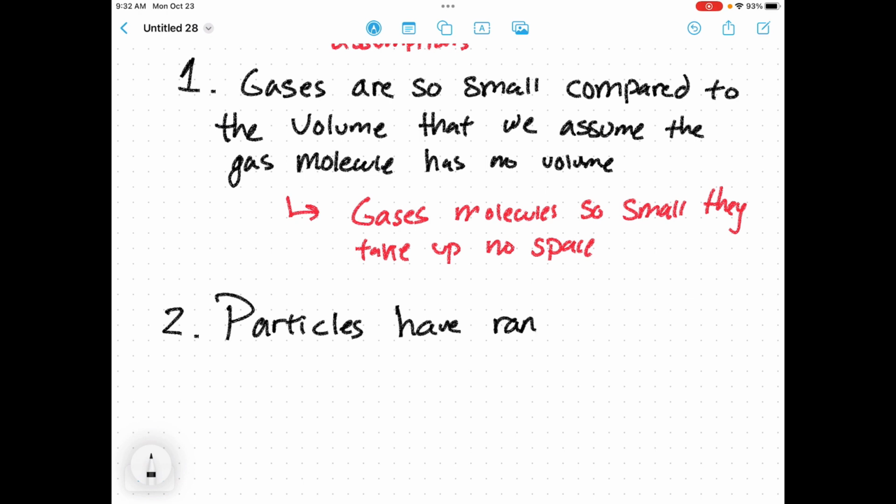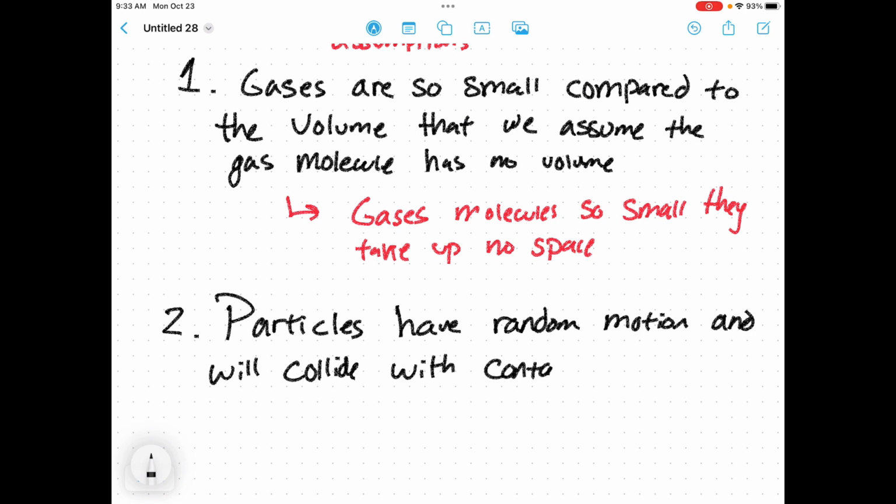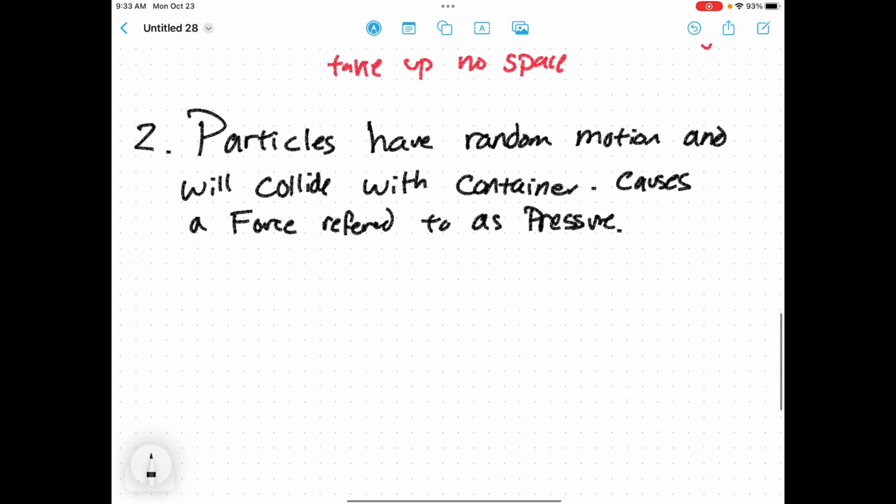Particles have random motion and will collide with the container, and then those collisions cause a force, referred to as pressure. So that's that second postulate.